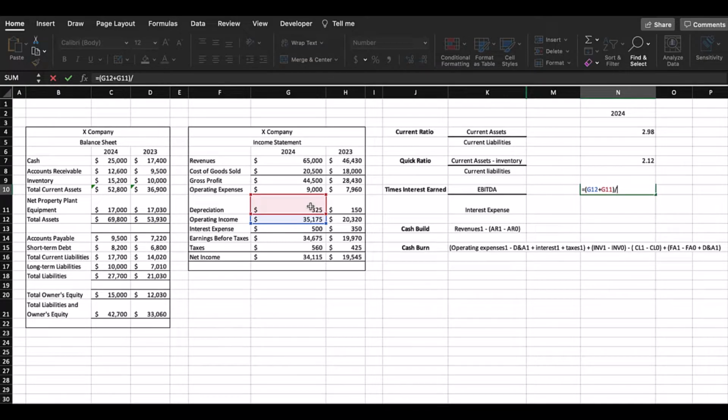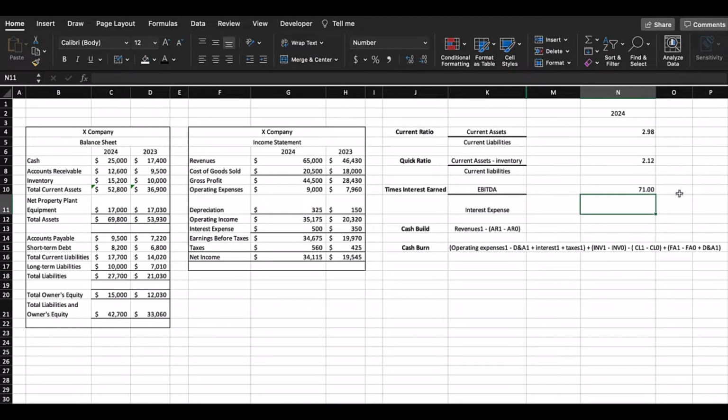We can take that and divide by our interest expense. This represents that for every dollar of interest that the company has, they have $71 of EBITDA, or earnings before interest, taxes, depreciation, and amortization.